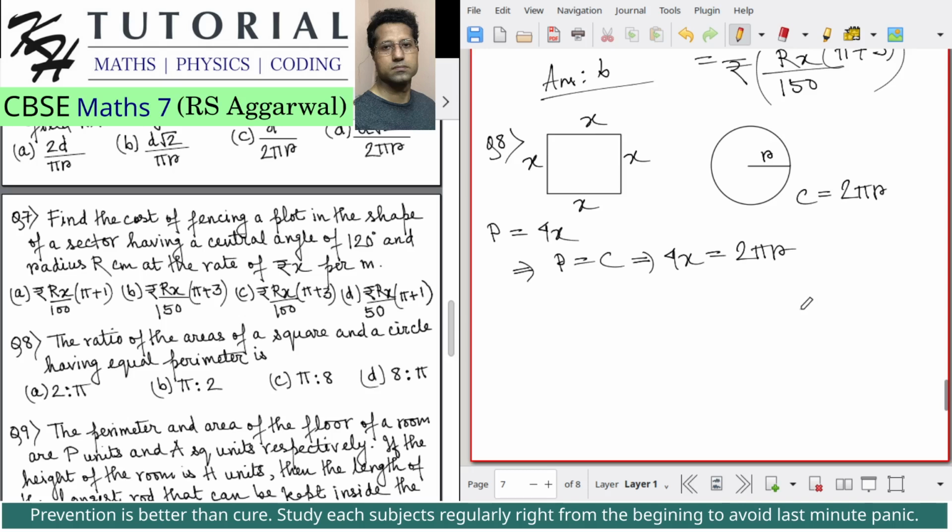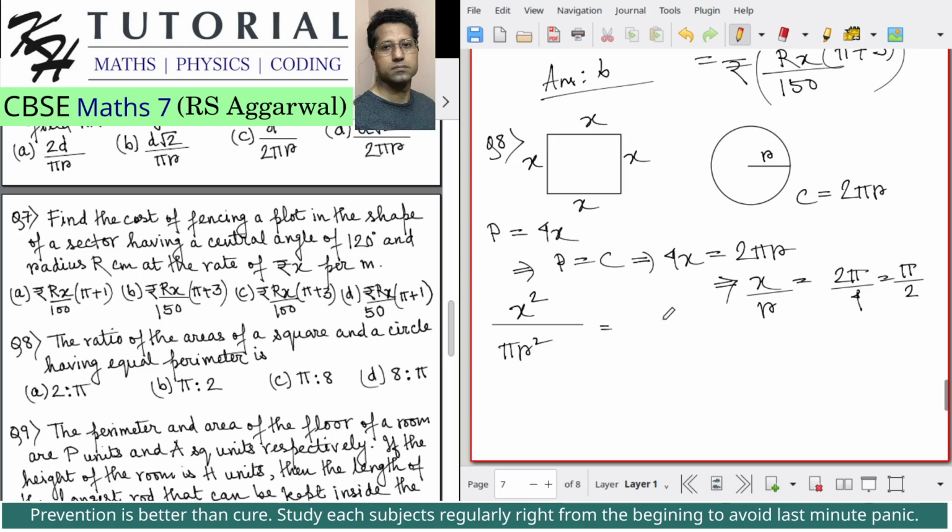So we can say that x by r is equal to 2 pi by 4, which is equal to pi by 2. Now we have to find the ratio of the areas. The area of the square is x square, and the area of the circle is pi r square, so the ratio of the areas of the square and the circle will be x square by pi r square.